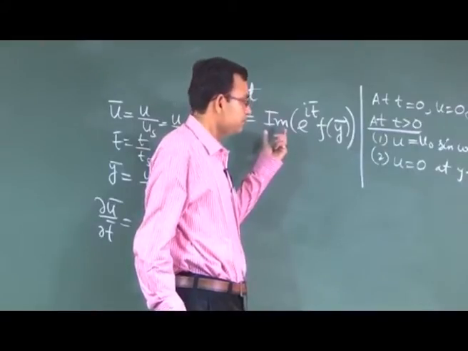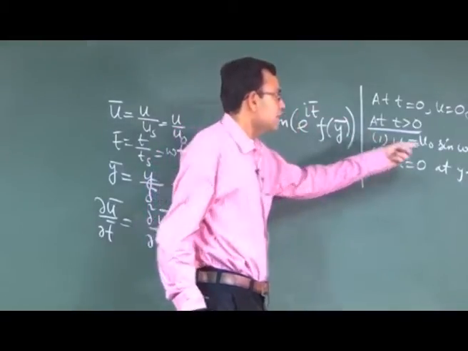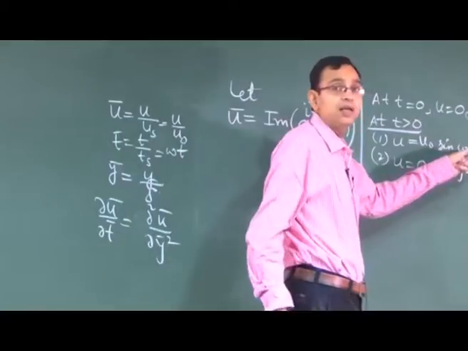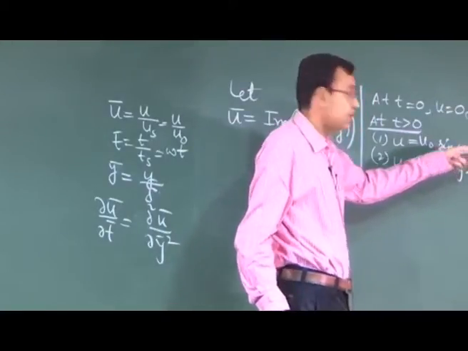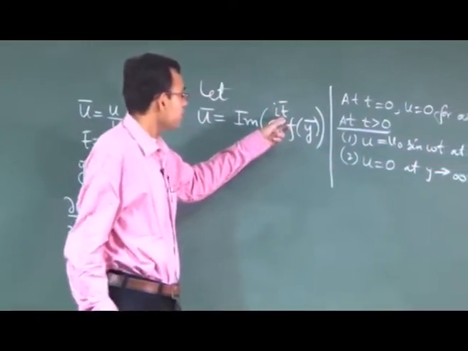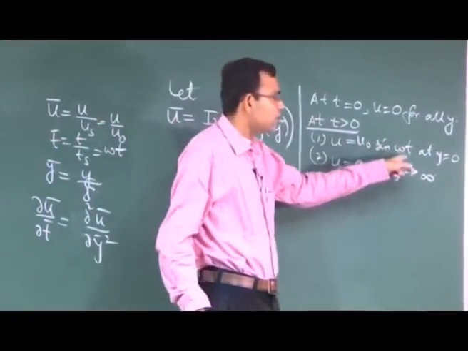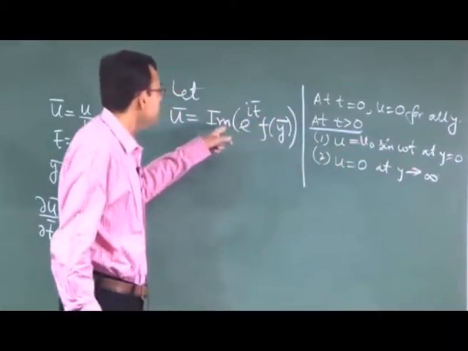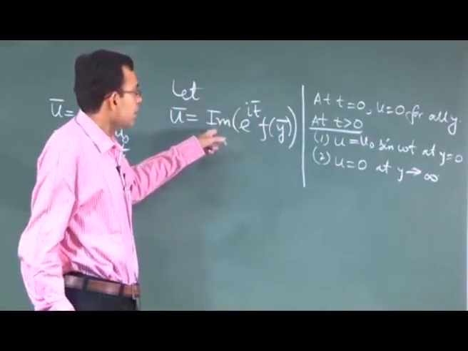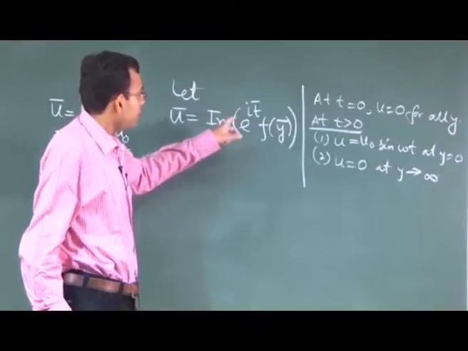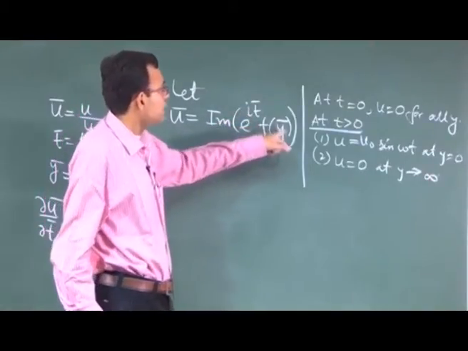Because the boundary condition itself is sin omega t, which is the imaginary component of e to the power I omega t, and this t bar is omega t. So, that is why imaginary. Had the boundary condition been E0 cos omega t, then this would have been real. So, e to the power I t into a function of y.